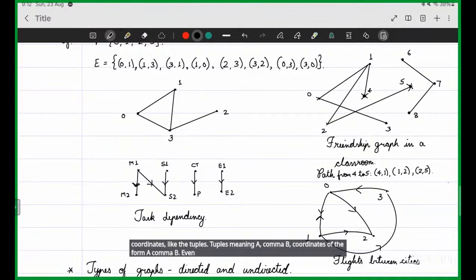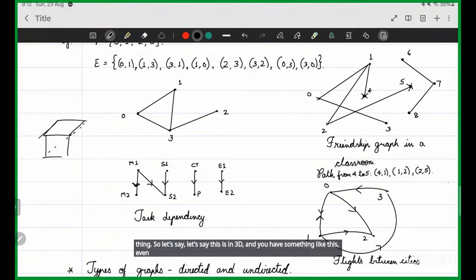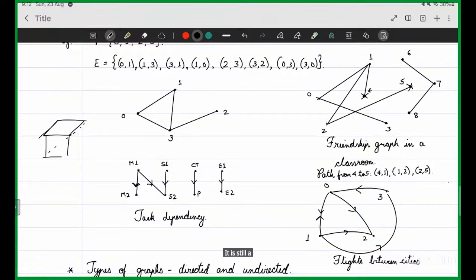Even if it is a cubical resistor graph, even if it is not the complete cube, let me draw a better thing. Let's say this is in 3D and you have something like this. It is still a set of vertices, and you write what edges are connected to what vertices.